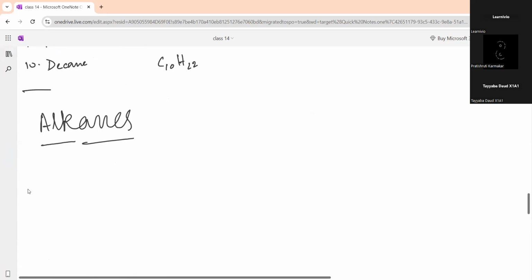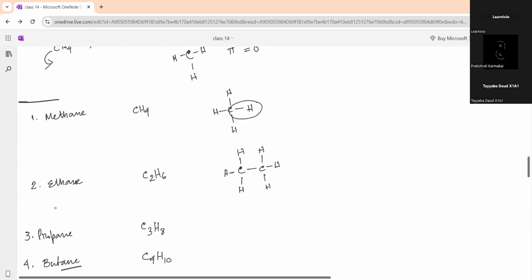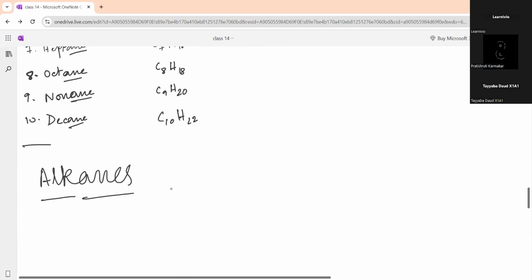If you see all the names here, it had butane, pentane, hexane, heptane, octane, nonane, decane. Similarly, here we have methane, ethane, propane. So all these are known as alk, and all these are anes.